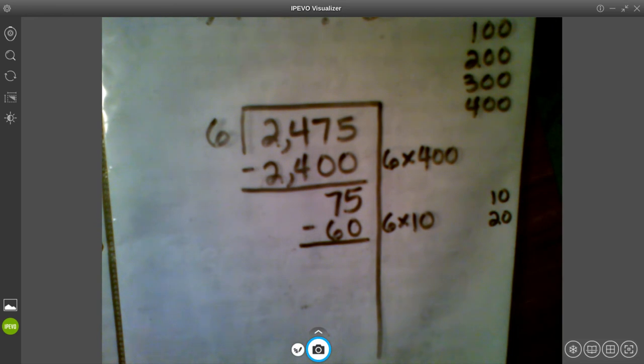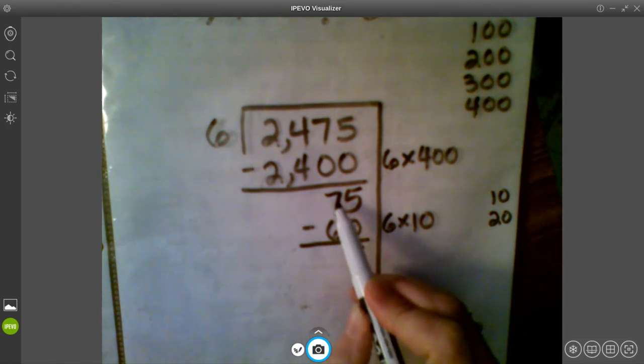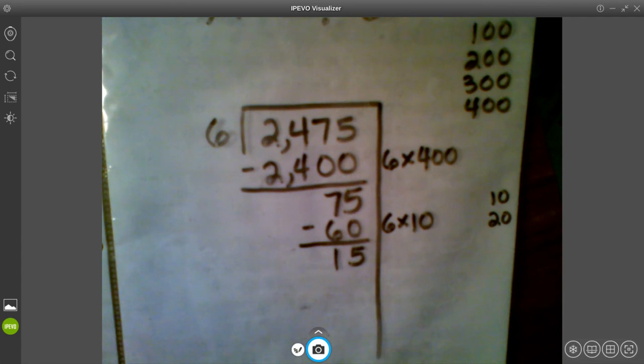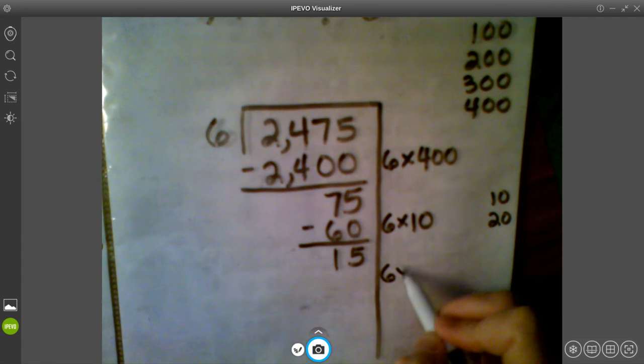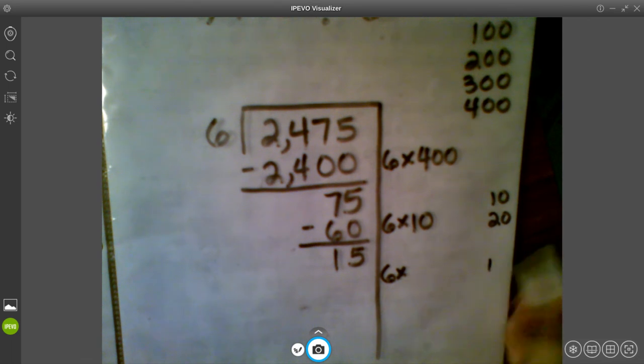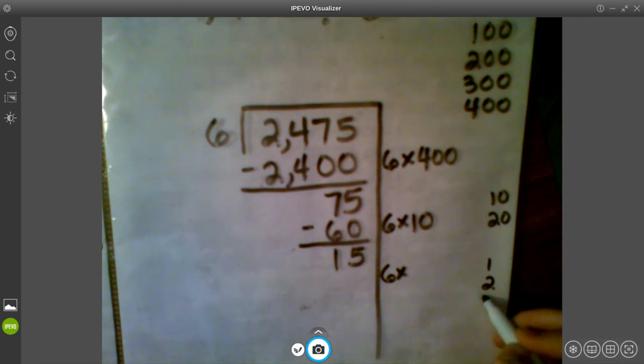Okay, when we subtract those, let's see what we get. 5 minus 0 is 5. 7 tens minus 6 tens is 1 ten. 15 left. 6 times what is close to 15 without going over? 6 times 1 is 6. 6 times 2 is 12. 6 times 3 is 18.